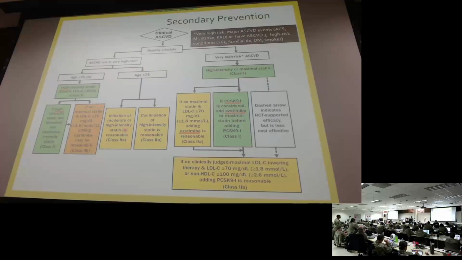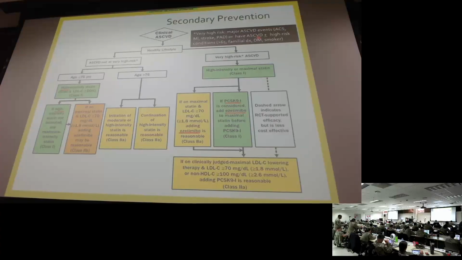I've seen both ways. Now, very high risk, I need you to remember the black box here, okay? So your major ASCVD events occurring. I'll tell you if they have acute coronary syndrome, ACS, I'll tell you if they have a myocardial infarction or MI, I'll tell you if they had a stroke, I'll tell you if they have peripheral artery disease, I'll tell you what they have.